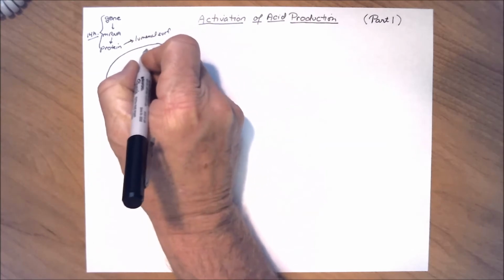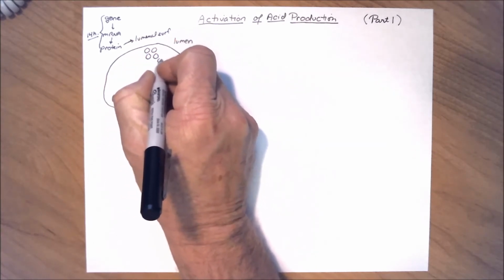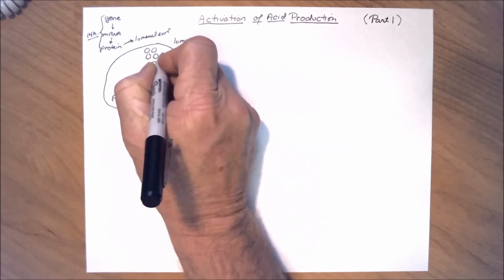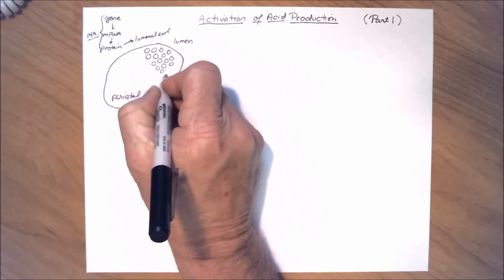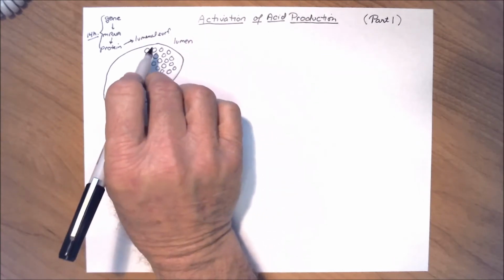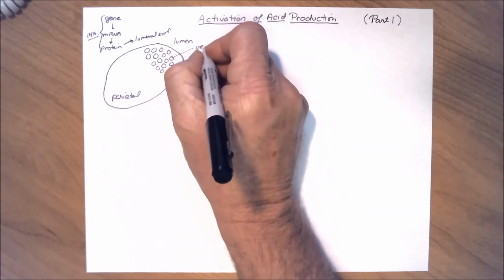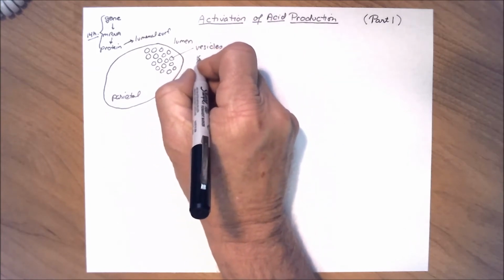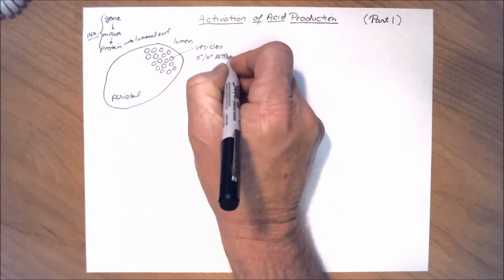If you look at a parietal cell under a microscope, you will see a very large number of vesicles that appear to be positioned largely underneath the luminal surface of the cell. These vesicles all contain the potassium proton ATPase transporter.